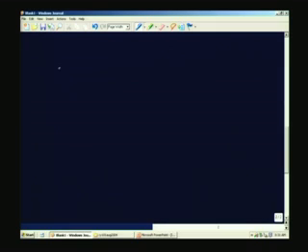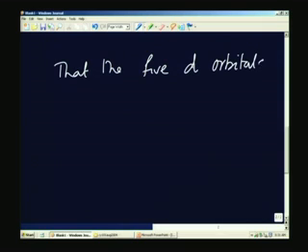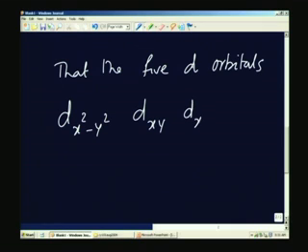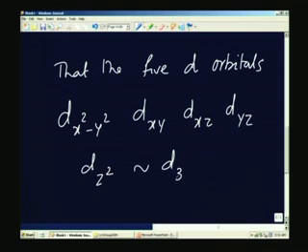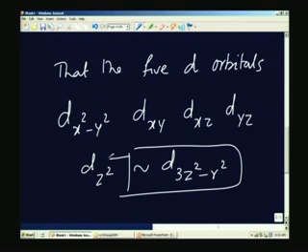You have to recall from your elementary chemistry, from your high school textbooks and also any other quantum chemistry book, that the notations for the 5 d orbitals are dx square minus y square, dxy, dxz, dyz, and dz square, but which is typically d3z square minus r square. I mean, in order to write this, people usually call this d z square, but the correct notation is d3z square minus r square. Now where do these things come from?